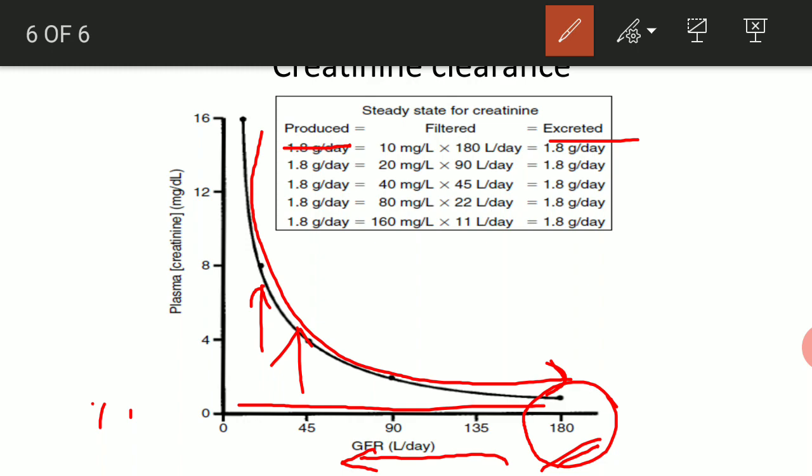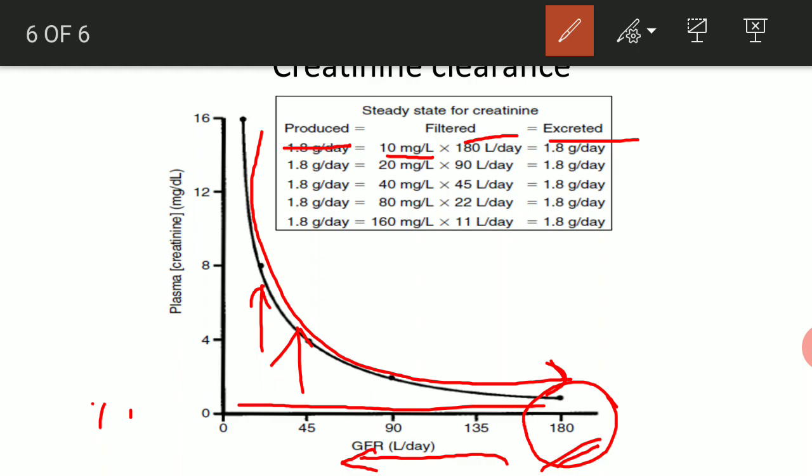Suppose 1.8 gram per day is produced and 1.8 gram per day of creatinine is excreted. Suppose GFR is normal, 180 liters per day, then the plasma concentration will be 10 milligram per liter, that is 1 milligram per deciliter. So it will be normal.